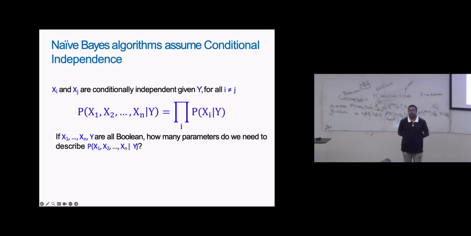Why is that helpful? Let's think again about the number of computations we need to do. Initially we said if we have n attributes, we need 2 to the power n probabilities to be estimated. Actually 2 to the power n minus 1.